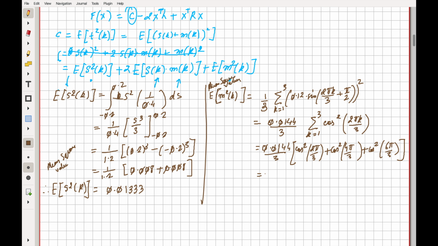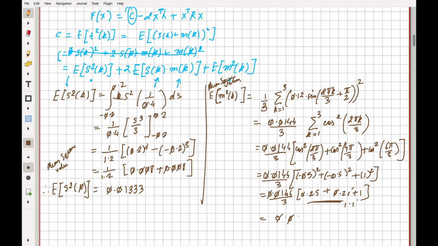This will get us 0.0144 divided by 3 times minus 0.5 squared plus minus 0.5 squared plus 1 squared, that is 0.25 plus 0.25 plus 1, so that comes out to 1.5, and if you do the multiplications you get 0.0072. That is the value for m squared k.